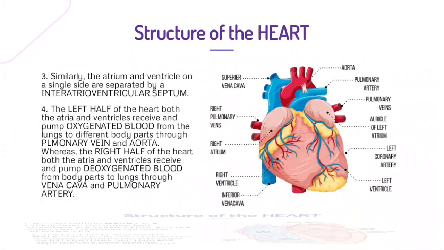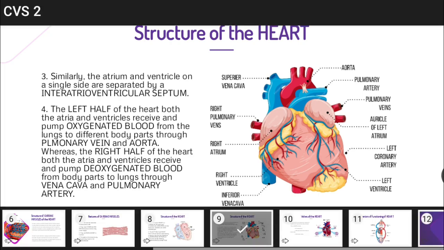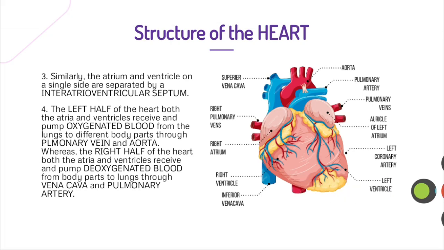Moving on further, the atrium and ventricle, as I said, the left half consists of oxygenated blood, guys. This is a deep structure of the heart which we'll be studying now. Please concentrate here, since it is very important.